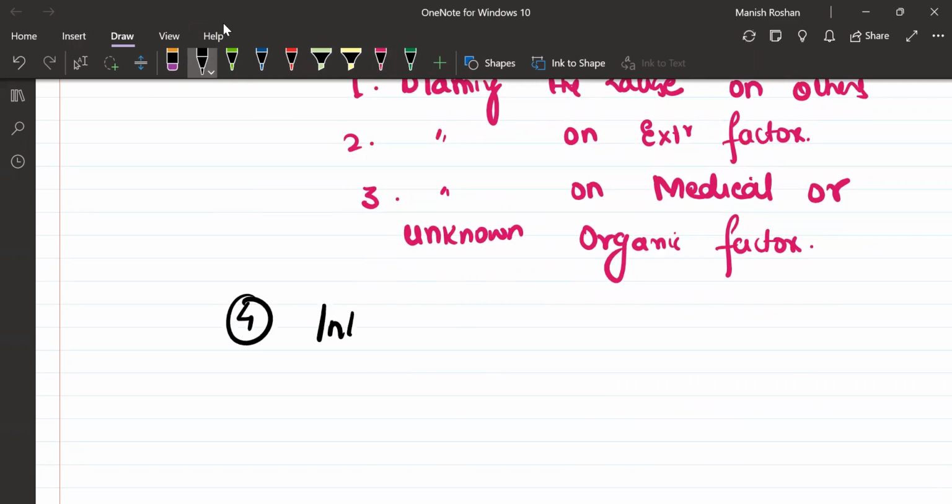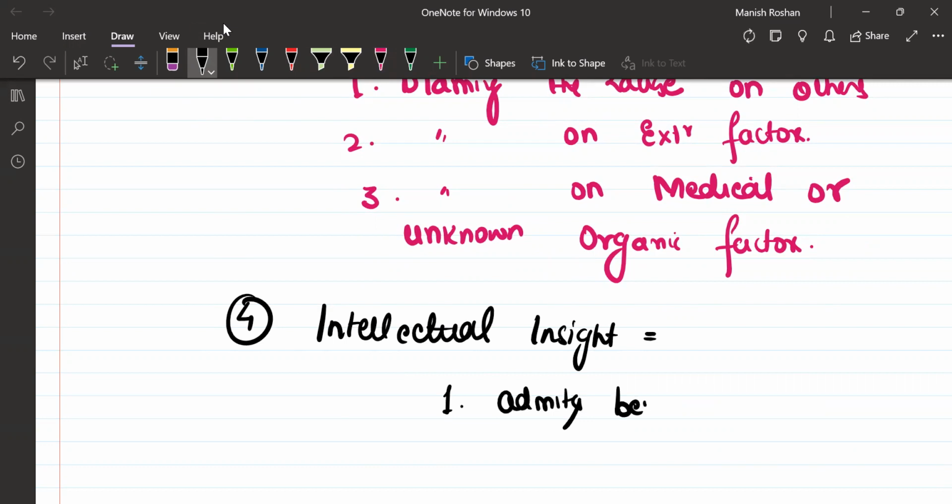Level 4 is defined as intellectual insight. Intellectual insight means that, first of all, the patient admits being ill.